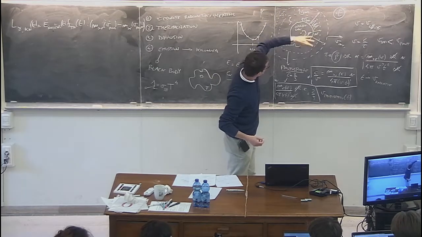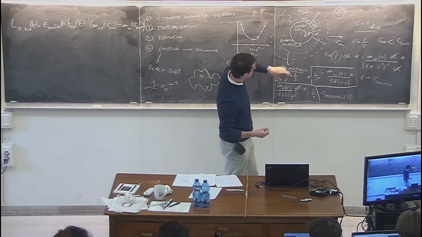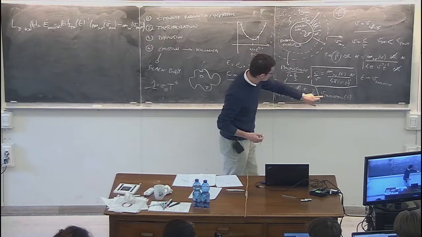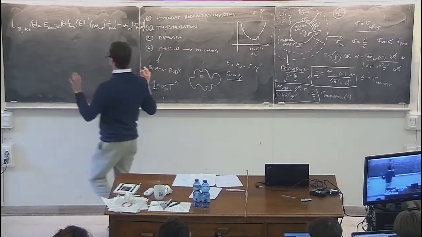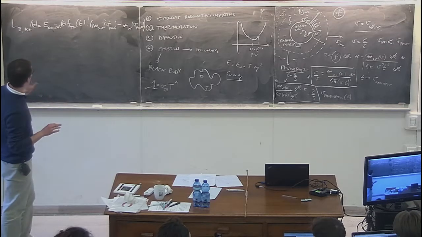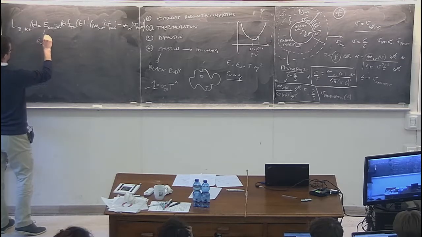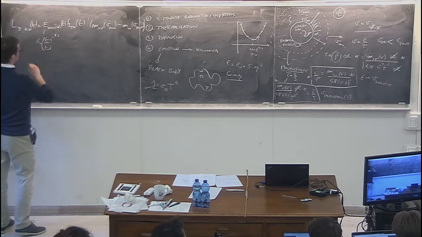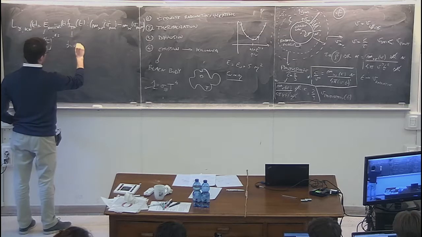So I just need to know what is the mass inside here, which is nothing but the difference between the mass at the photosphere velocity and the radiation velocity. But I have everything because everything is on the blackboard. Because this, we know that it's E0 t over t0 to the minus 1.3. This is something of the order of, let's say, 0.3.